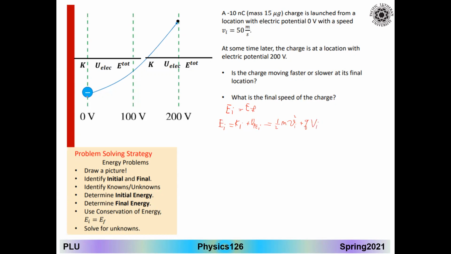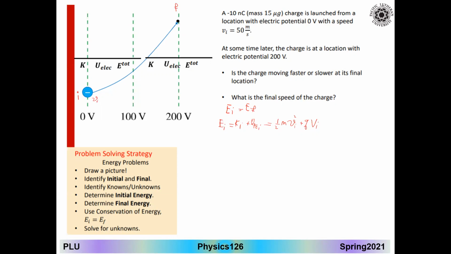So I need to identify where my initial energy location is and where the final energy location is. The starting point here is the initial location. So this is my initial position and the charge, and here is my final location.